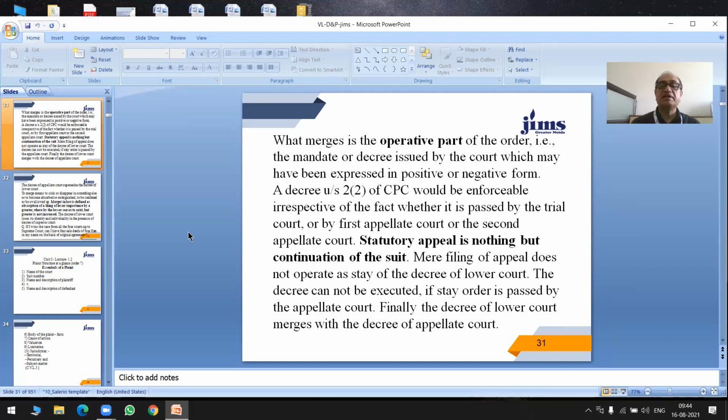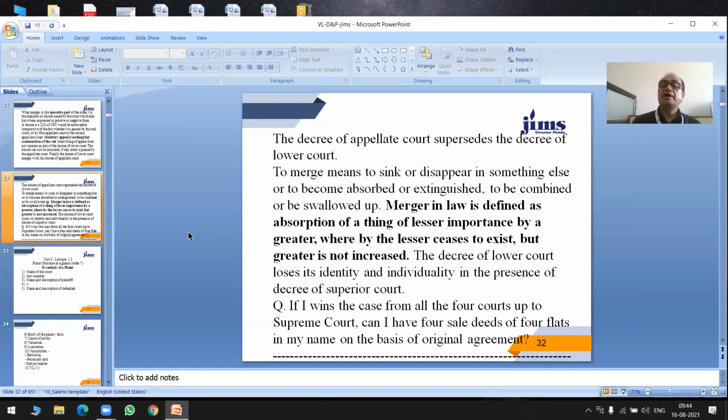Mere filing of appeal does not operate as a stay of the decree of the lower court. The decree cannot be executed if a stay order is passed by the appellate court. Finally, the decree of the lower court merges with the decree of the appellate court, and the decree of the appellate court supersedes the decree of the lower court.